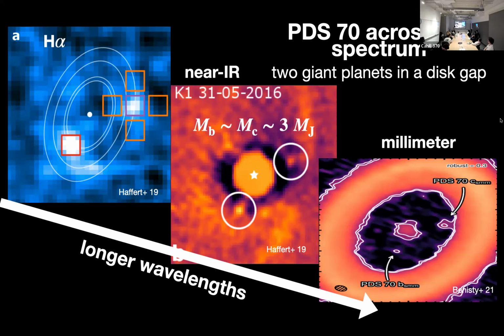Those point sources appear across the spectrum. They're both roughly 3 Jupiter mass planets. And I'm going to try and reproduce their SED. I'm going to focus on the broadband emission in the infrared and the millimeter. There's some H alpha line emission, probably coming from an accretion shock. I'm not going to worry about the line.